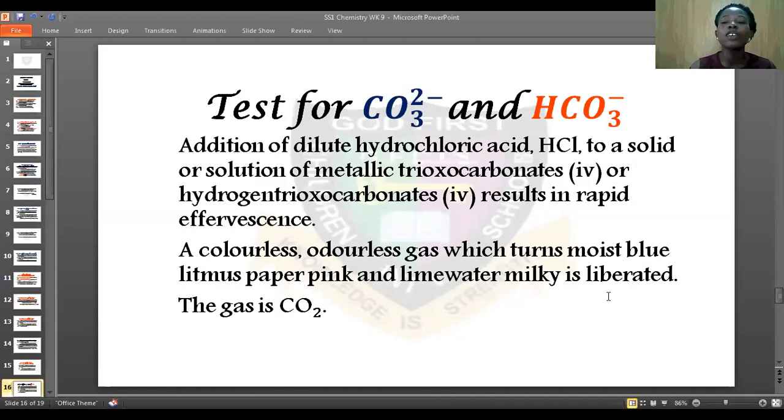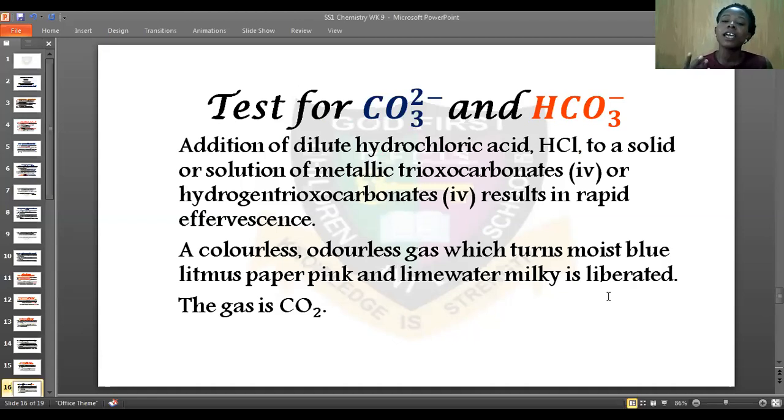Okay, so going on, let's look at the test for CO3 2- and HCO3-. Remember, these are carbonate(IV) ion and hydrogen carbonate(IV) ion. When you add dilute hydrochloric acid to a solid or a solution of metallic carbonate(IV) or hydrogen carbonate(IV), the result is a rapid effervescence, that is production of gas.